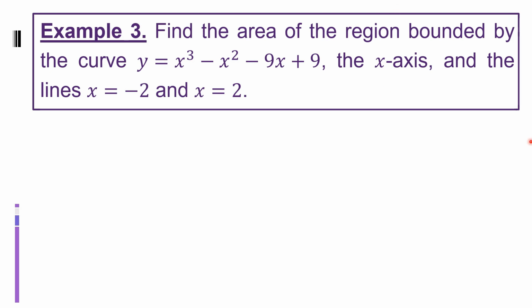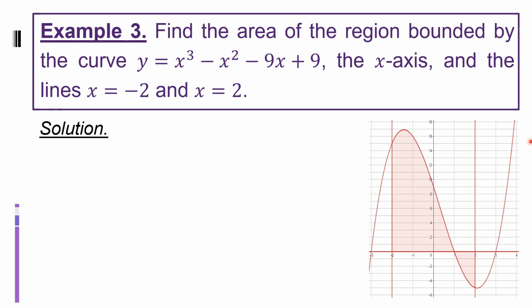Let's find the area of the region bounded by the curve y equals x cubed minus x squared minus 9x plus 9, the x-axis and the lines x equals negative 2 and x equals 2. So for our solution, i-visualize uli natin. So by the graph, meron tayong area sa taas, tapos area sa baba.